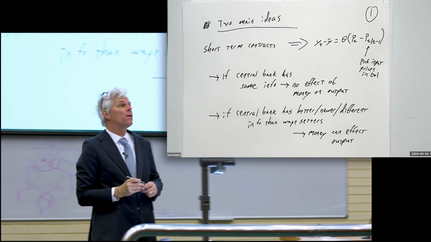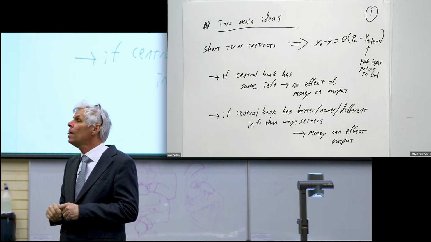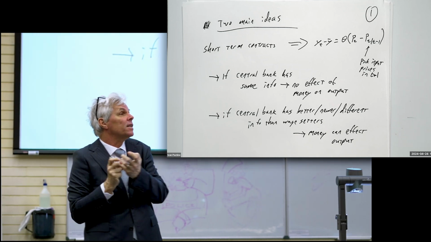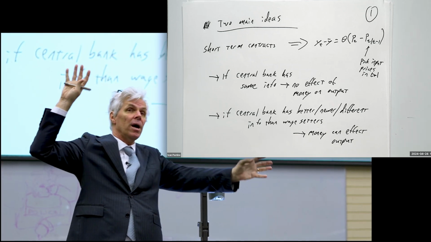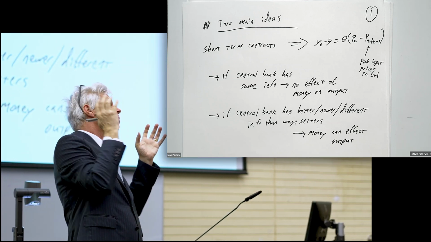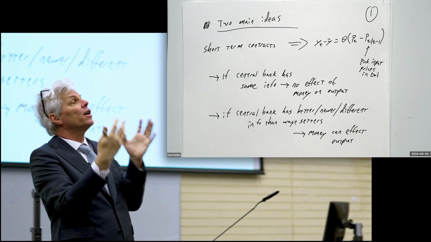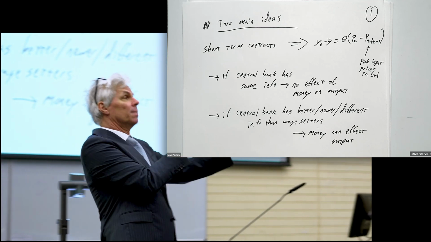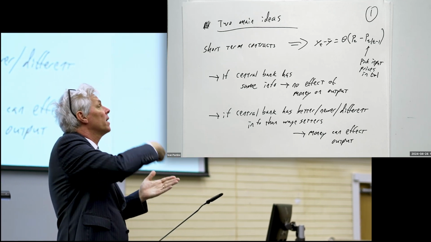So if they have better information or different information, then people might be surprised. Because the central bank is using different information than people have when they're setting their wages, they can't perfectly predict what the central bank is going to do. And therefore, they're going to make price prediction errors because they couldn't predict the money supply. And therefore, money supply can affect output.